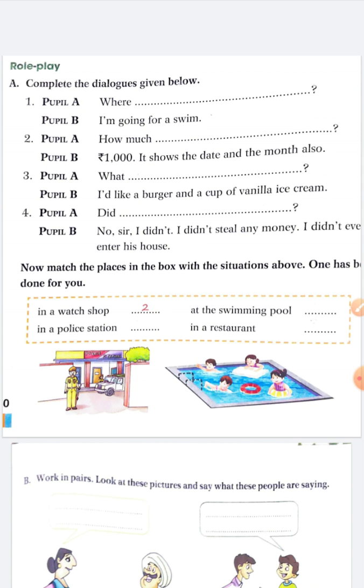Now, related exercise says, in a watch shop, which sentence do you think is appropriate for a watch shop? Number 1, where are you going? I'm going for a swim. No. How much does this watch cost? This one happens in a watch shop? Yes. So, this is the second.